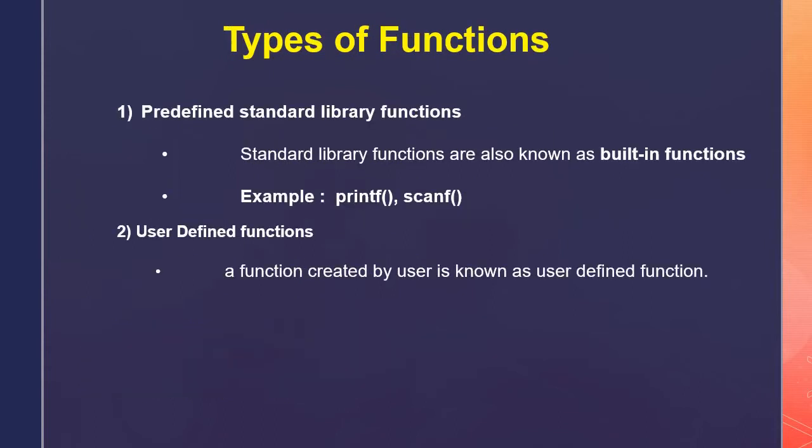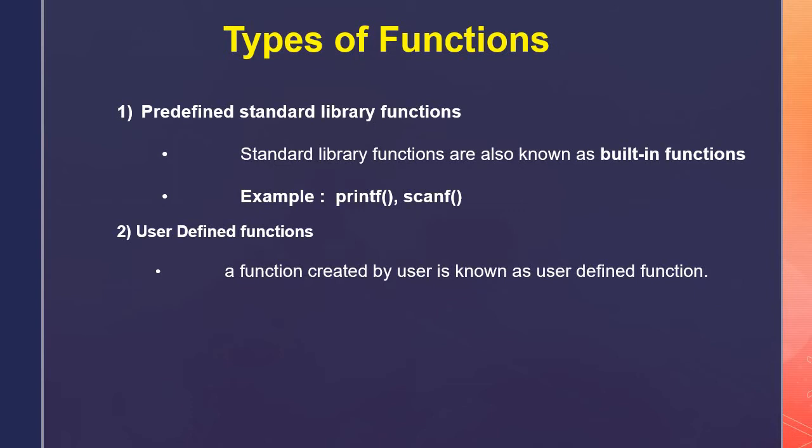There are basically two types of functions: predefined functions and user-defined functions. Predefined library functions are the standard library functions, also known as built-in functions. For example, printf and scanf; normally we use a lot of keywords with functionalities.